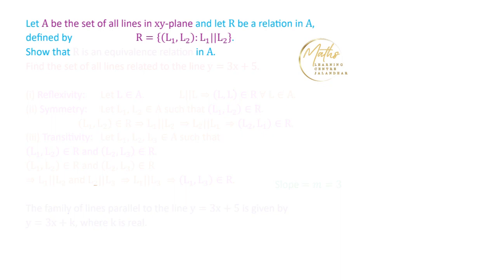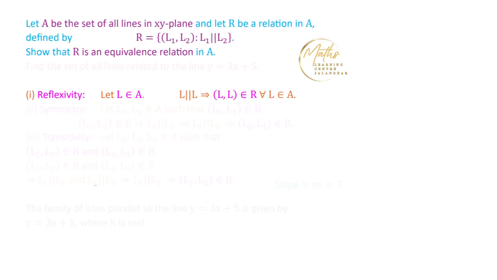We have to prove that R is an equivalence relation in A. So to prove reflexivity, we can use the fact that every line is parallel to itself. It means that (L, L) belongs to R for all L belonging to A.